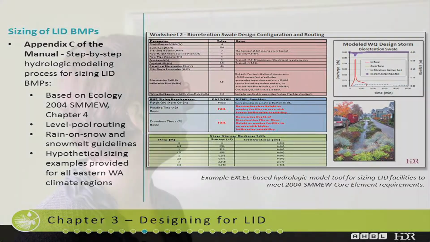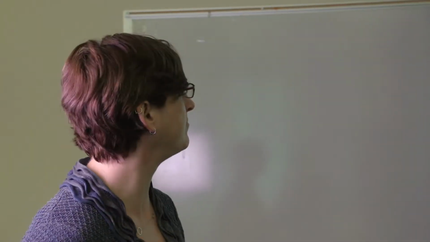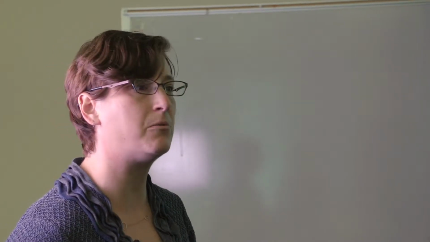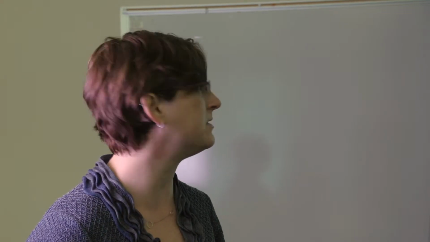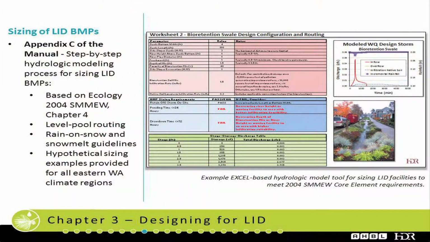The examples we provide use level pool routing, and we provide consideration for rain on snow and snow melt, how to factor that into the sizing of your facilities. And then we provide hypothetical sizing examples for all of the 4 Eastern Washington climatic regions. So you can see how the rainfall and the snow melt might vary across Eastern Washington and how that would affect your resulting LID BMP sizes.